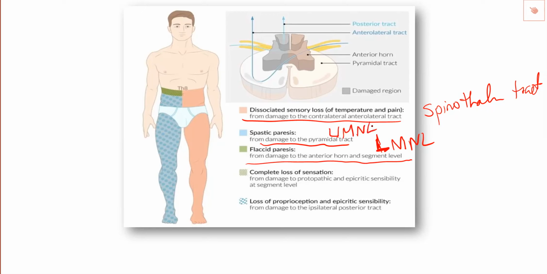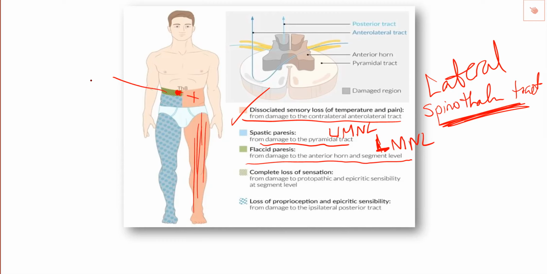With ipsilateral, so the lesion is on this side, you will have contralateral loss of pain and temperature due to decussation of the lateral spinothalamic tract. Flaccid paralysis at the level, ipsilateral, and spastic paralysis below the level with ipsilateral Babinski sign. This is Brown-Sequard syndrome.